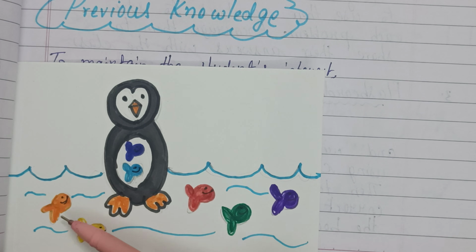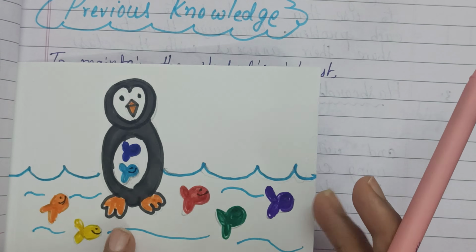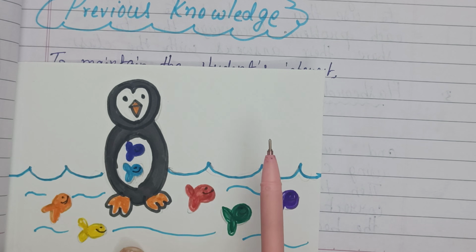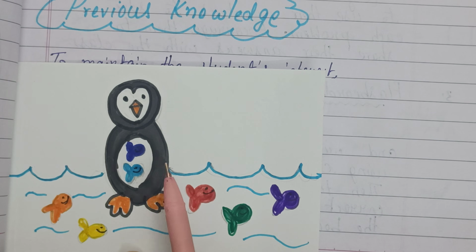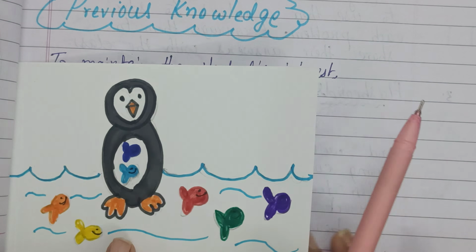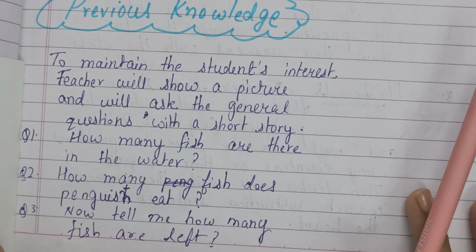Then first students will count, and you will narrate a story like: there are 5 fish in the water and then the penguin ate 2 fish. Like this you can narrate the story.